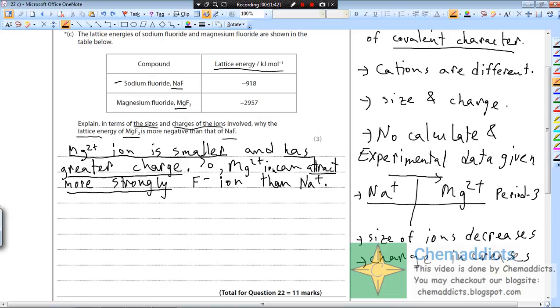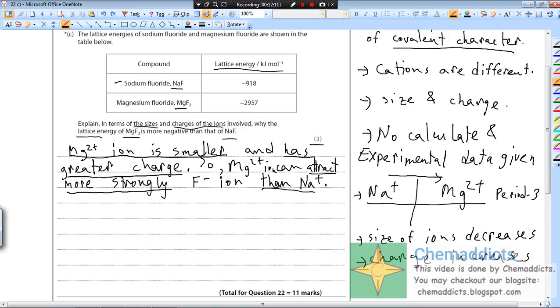So these are the points: the magnesium ion is smaller and has greater charge, so the magnesium ion can attract fluoride ion more strongly than sodium. Well, that's the answer to this question.